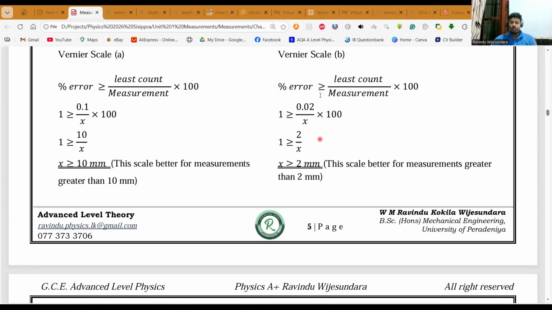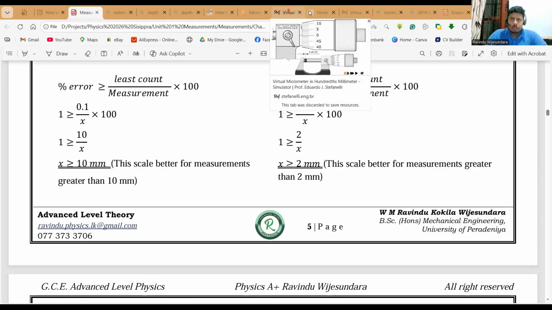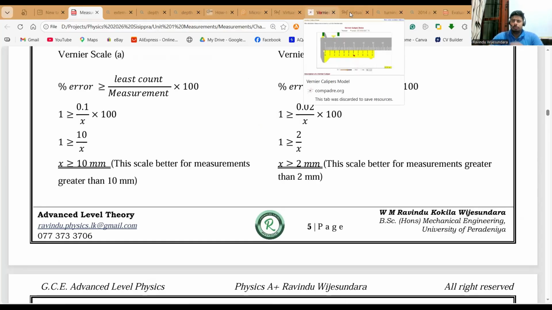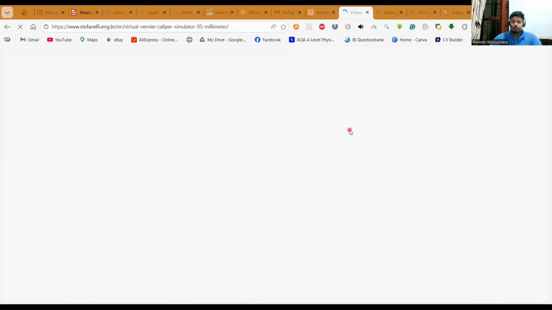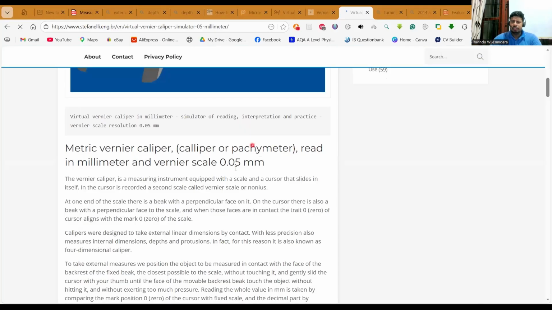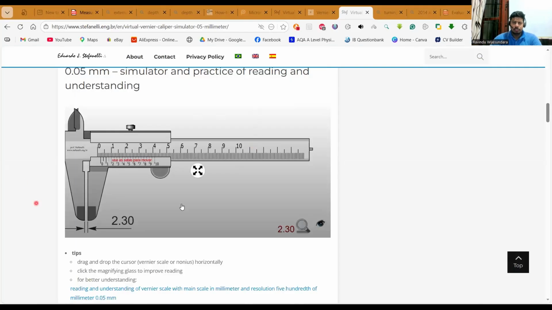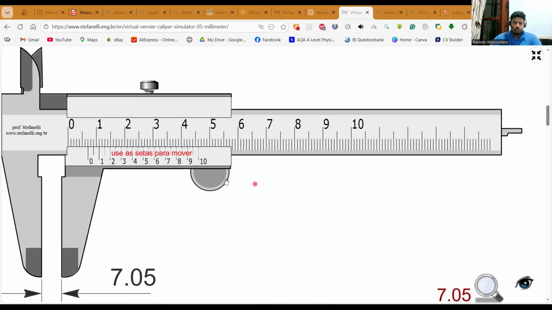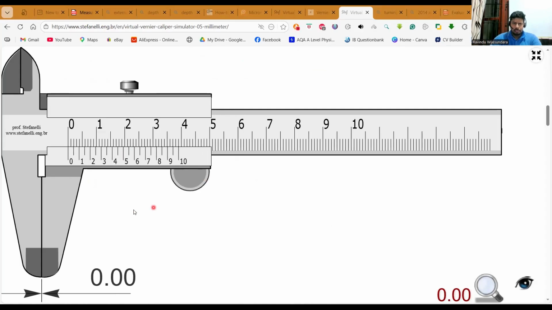So now let me take you to the demonstration of the vernier caliper. Actually, you can also try this on the internet. I don't know whether you have already tried this or not. Can you see the vernier scale that I am sharing?